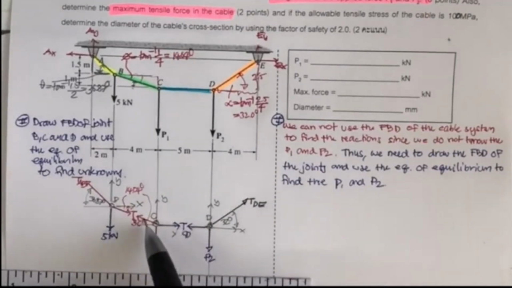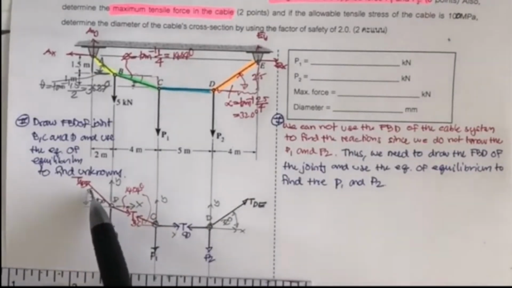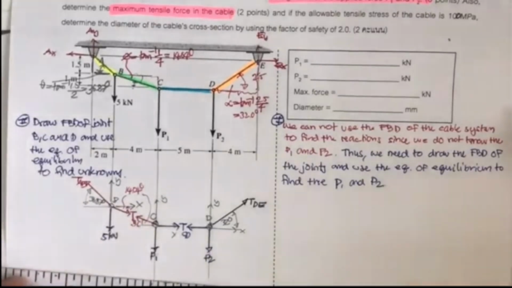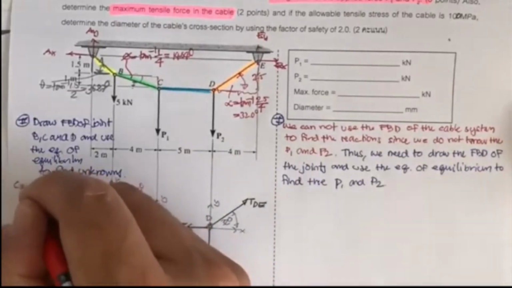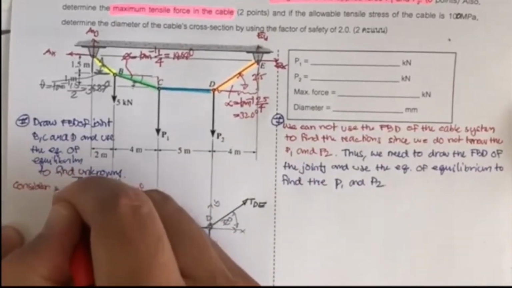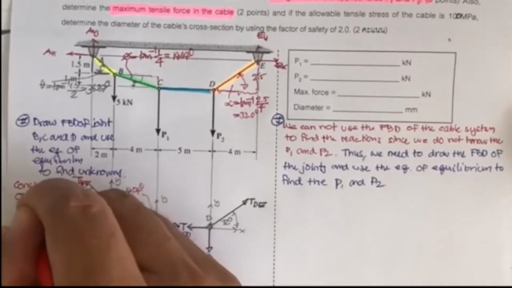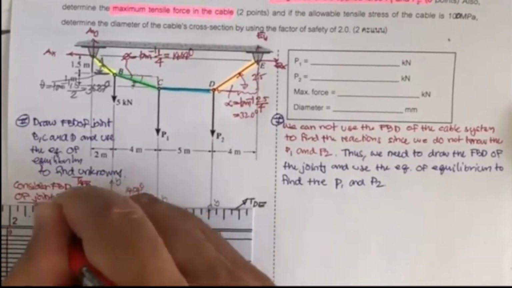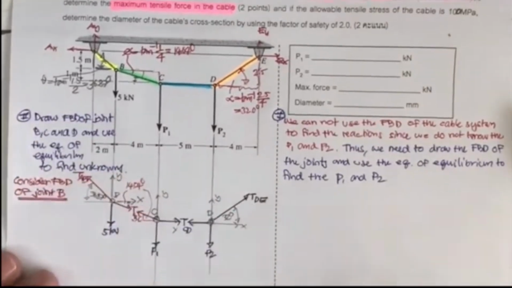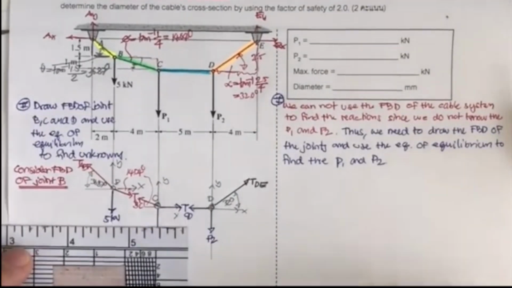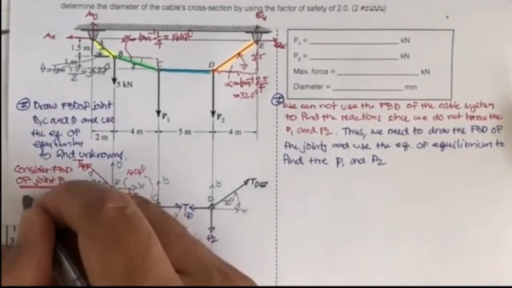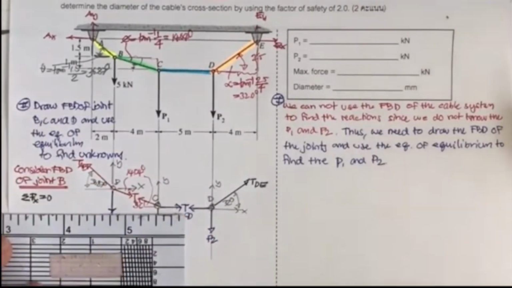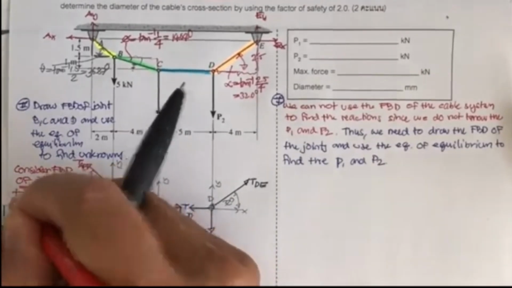This one also has 3 unknown, and it's better for us to start by considering the choice B. Okay, let us consider free body diagram of choice B. We should start it first because we have 2 unknowns, we have 2 equations, so the unknown force can be determined.